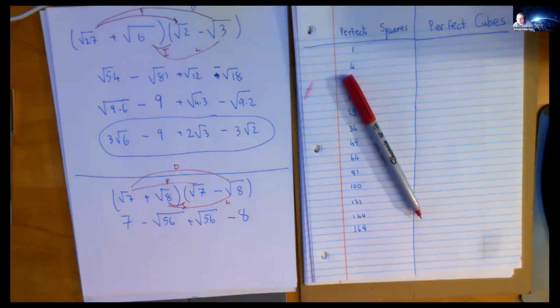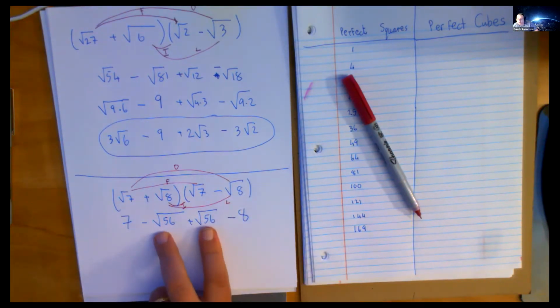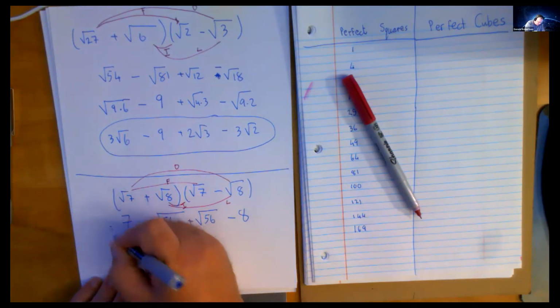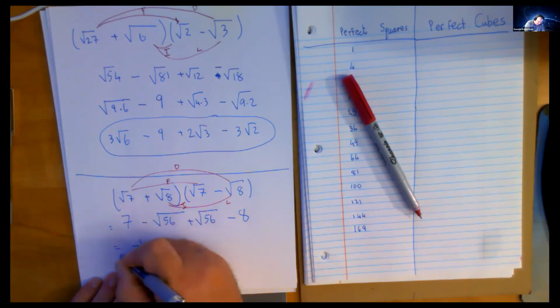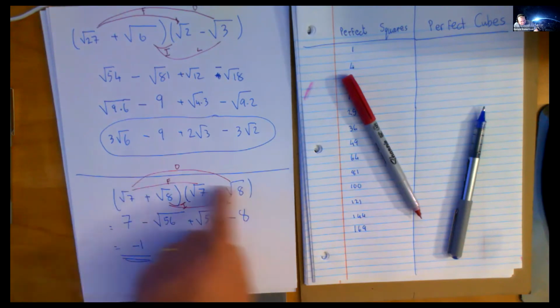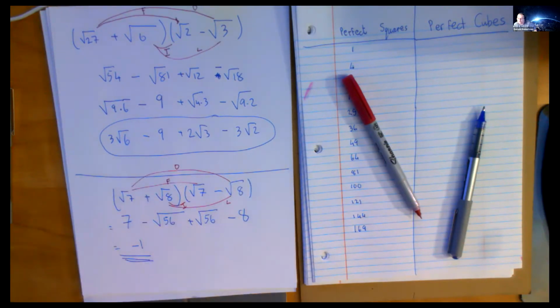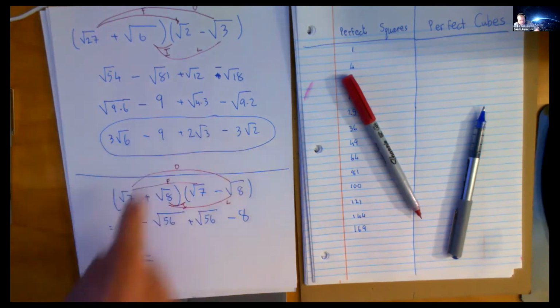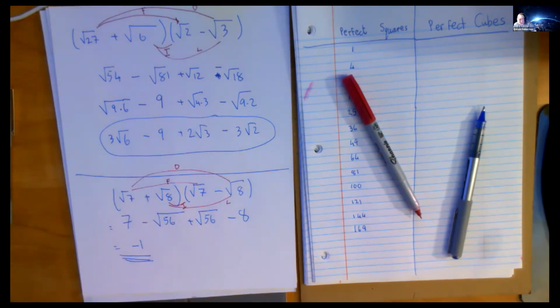And something really nice happens here. Do you notice these two middle terms kill each other off? You see that? Oh, wait a minute. Doesn't that 7 take away 8 get you negative 1? So that horrible multiplication ends up being a very surprising answer. Would you agree you probably weren't expecting negative 1 out of that mess? Considering what you typically get out of these messes, that's quite amazing that it comes out so nice.